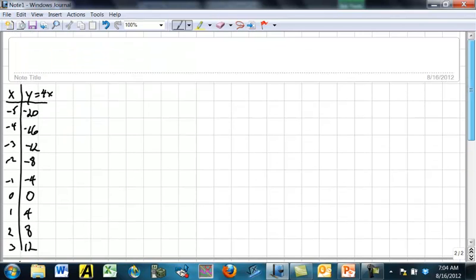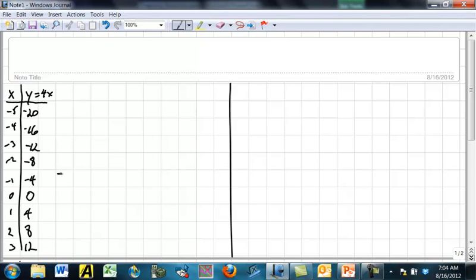Okay, now I want to graph this. Preferably get a straight edge out, and get your graph paper up here, and we're going to draw some axes on our graph paper.